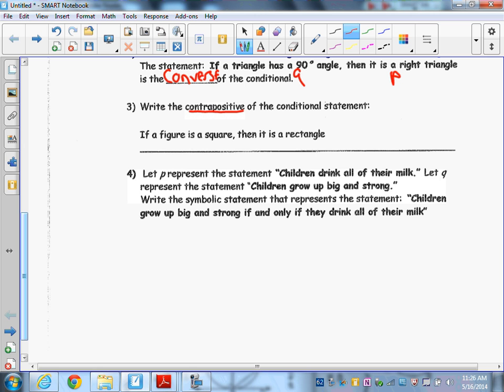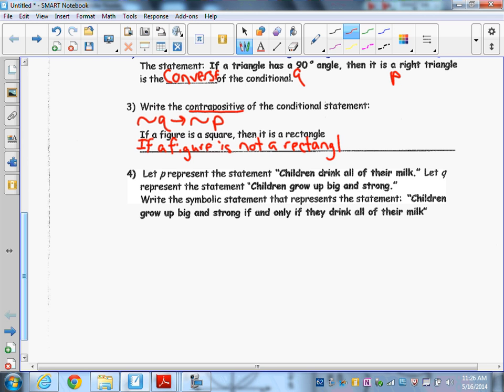Now we have to talk about the contrapositive. So the contrapositive is where we both flip it and put not. So not Q, then not P. So we're going to say if a figure is not a rectangle.